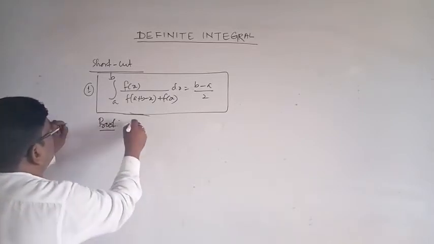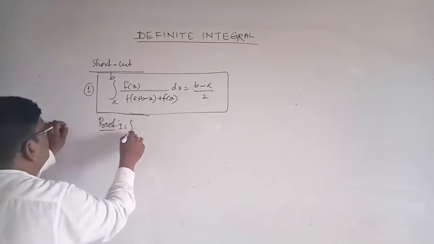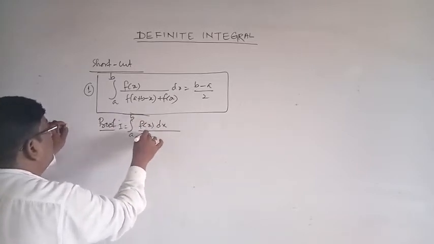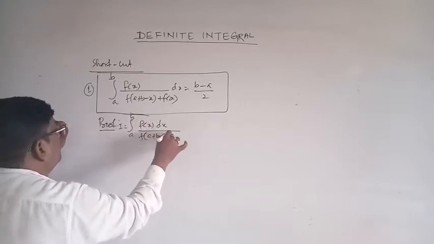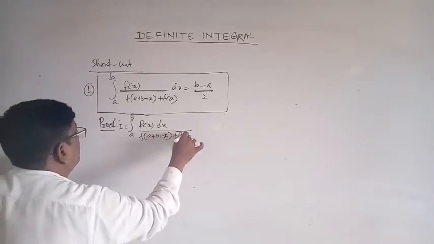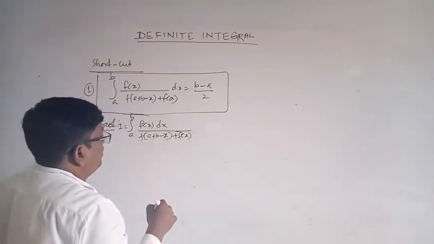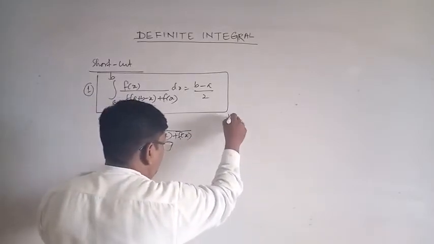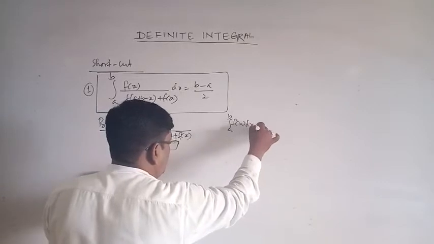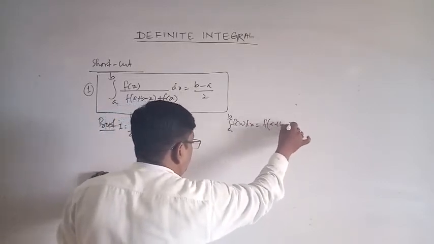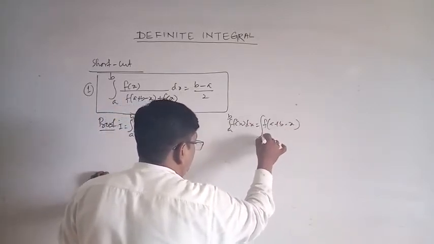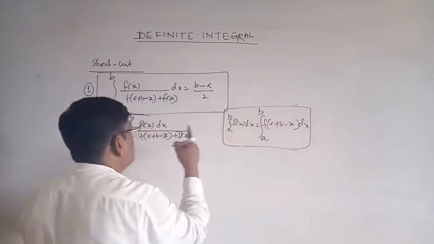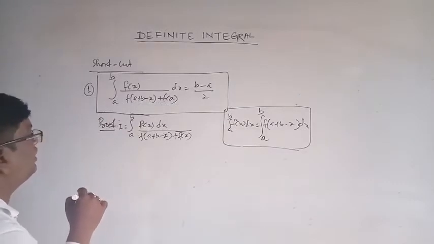Let I be equal to the integral from a to b of f of x dx divided by f of a plus b minus x plus f of x. By property number 4, the integral from a to b of f of x dx is equal to the integral from a to b of f of a plus b minus x dx. Apply this property: replace x by a plus b minus x.